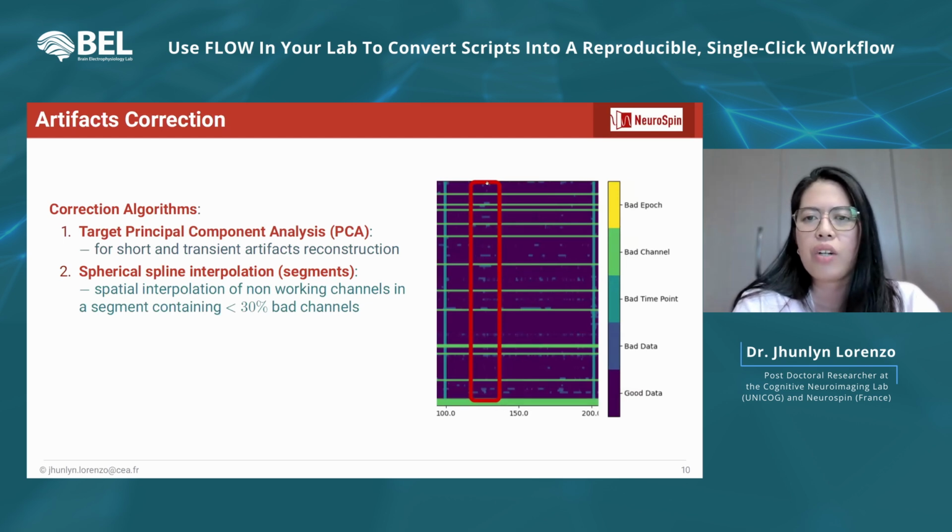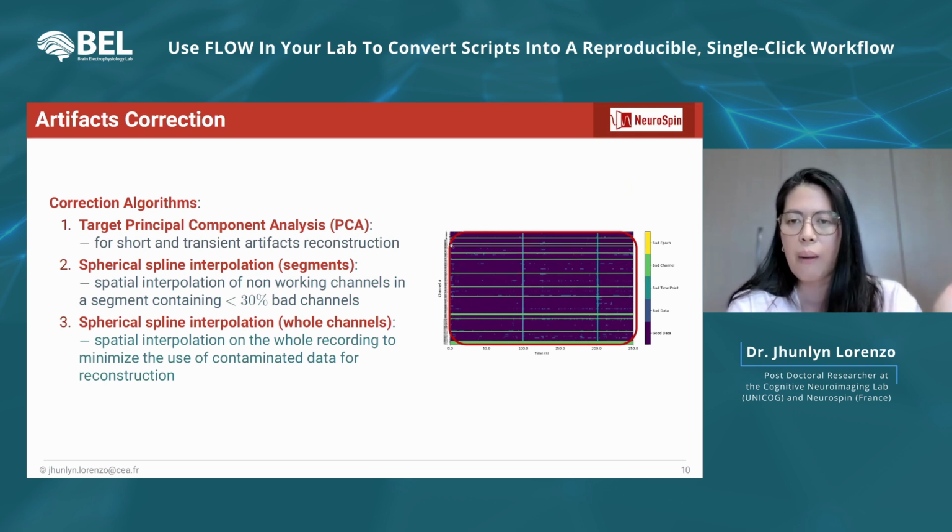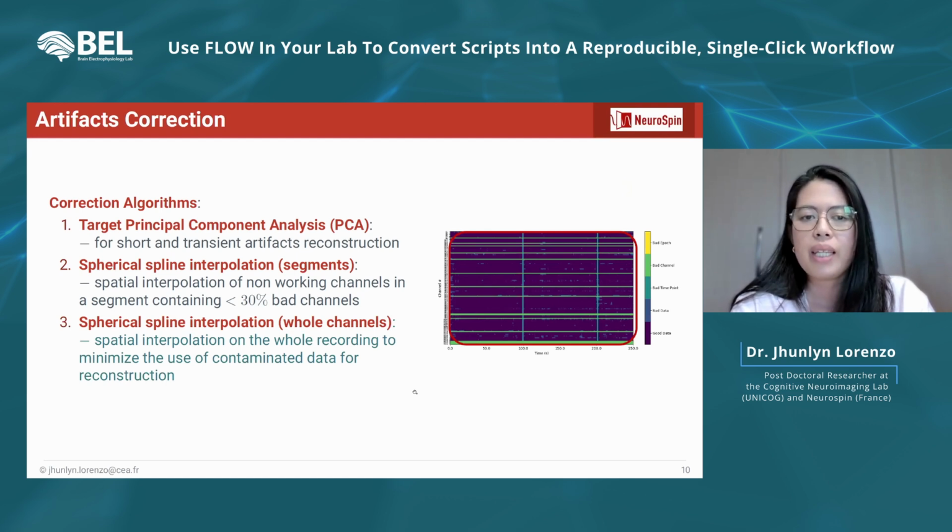Then we reconstruct the segments containing more than 30% of bad channels using spherical spline interpolation. And lastly, we reconstruct all the bad channels throughout the recording. We follow these steps in order to minimize the use of contaminated data for reconstruction.